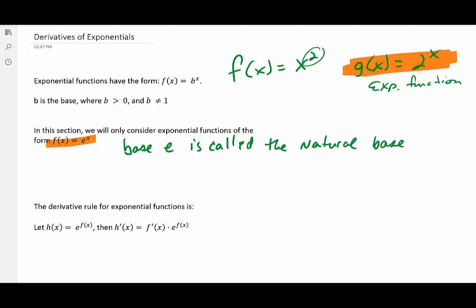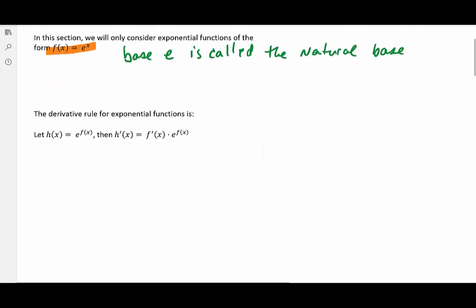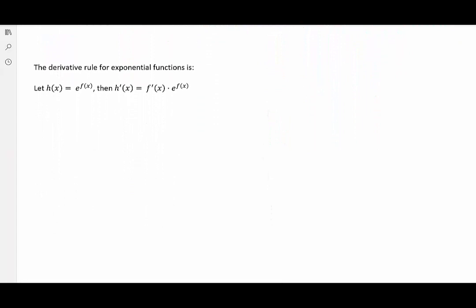And so how do we take that derivative? Well, let's say our function is e raised to some power, which could be a function of x. It turns out that the derivative, h prime of x, is this: we take the derivative of the exponent, the power on e, and then it multiplies e raised to the same power.